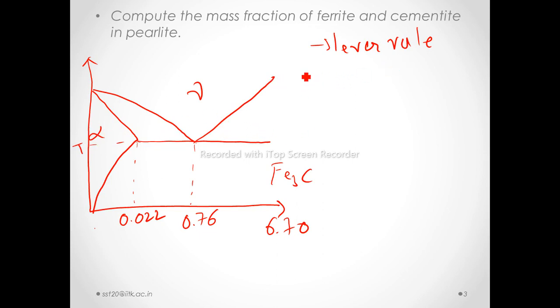First, we find alpha ferrite as this difference divided by the whole length of the tie line.